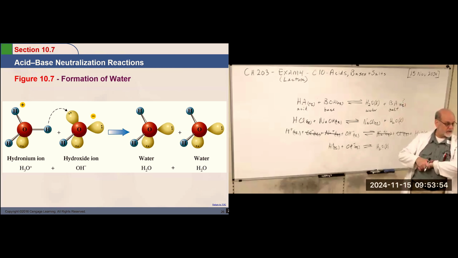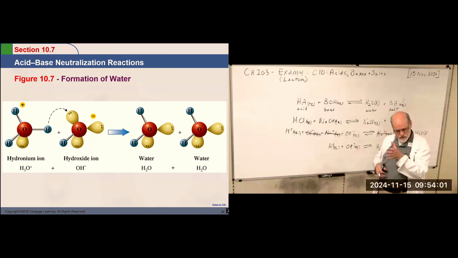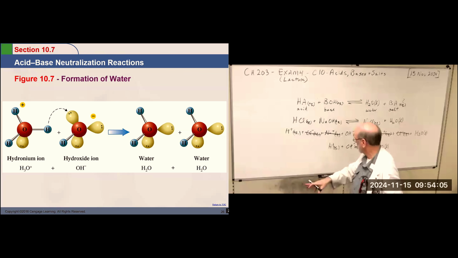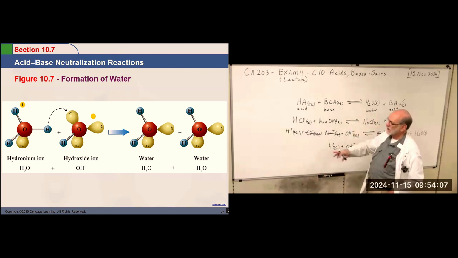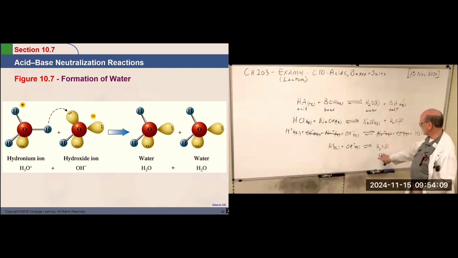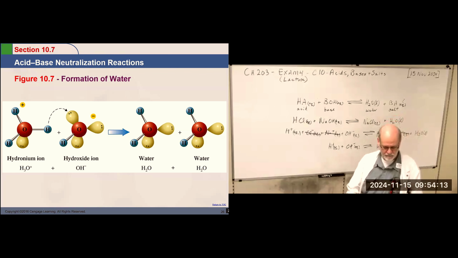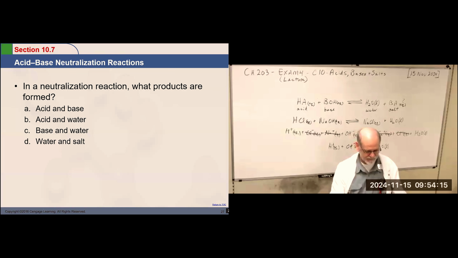So you can do the same reaction with different compounds if you're looking to construct an acid-base reaction. And that's what we see there. The hydronium there is like this. Then the hydroxyls produces water. Okay. So a neutralization reaction produces water and a salt.